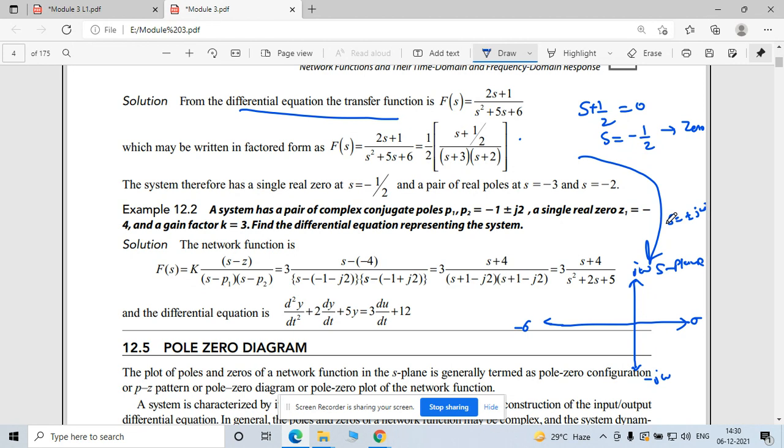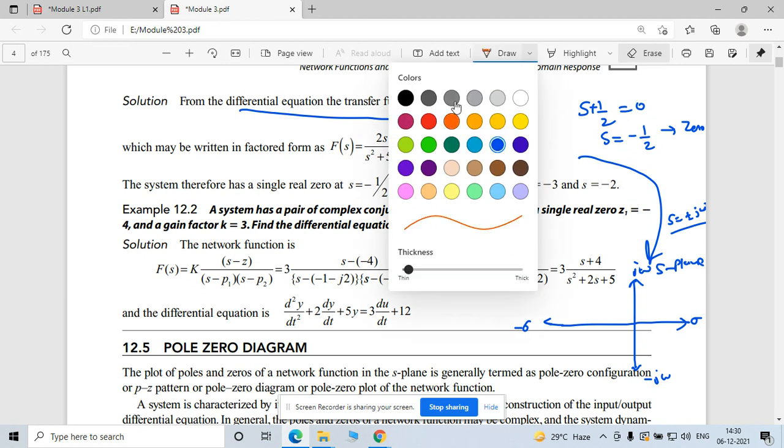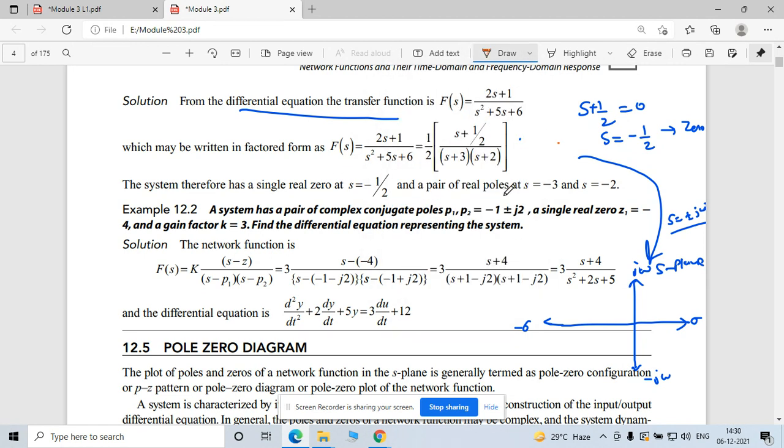You can replace s with this. Now in the s plane, a zero is denoted by 0, and a pole is denoted by a cross, right? So a pole is denoted as a cross, and a zero is denoted as this 0.